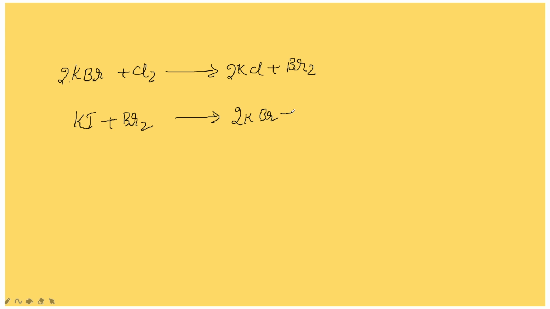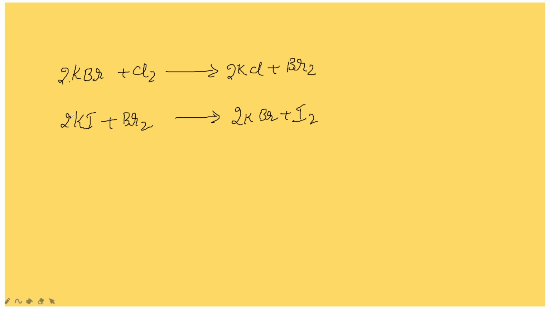When it is reacting with chlorine, potassium chloride and bromine will form: KCl plus Br2. Okay, a non-metal can displace another non-metal. Next one is KI plus Br2, potassium iodide and bromine, gives 2 KBr plus I2.